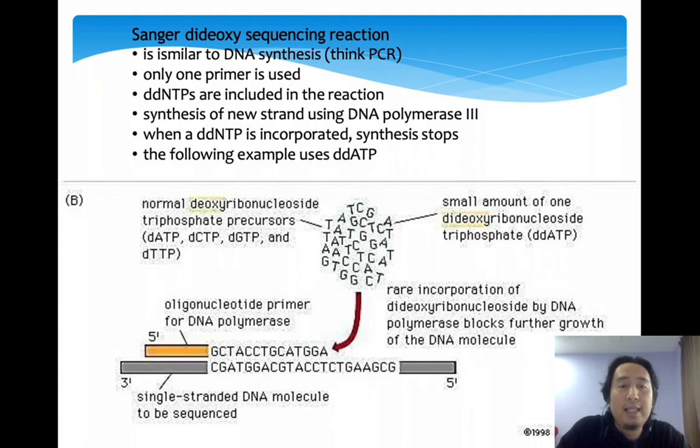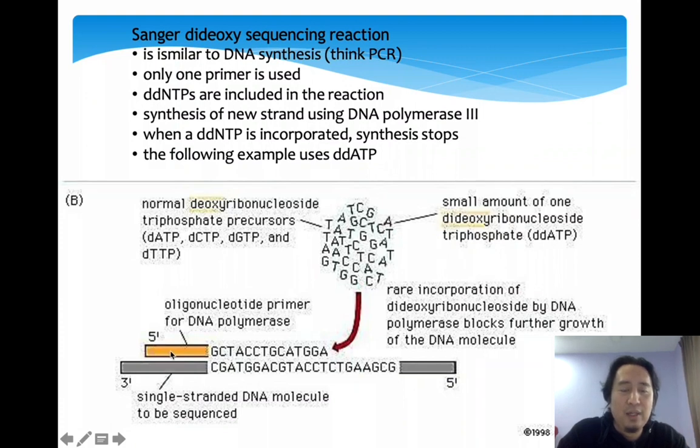When a ddNTP is incorporated, synthesis is stopped. As I explained to you, the following example uses ddATP. Another example. So this is a normal dNTP, right? And this is ddATP, right?